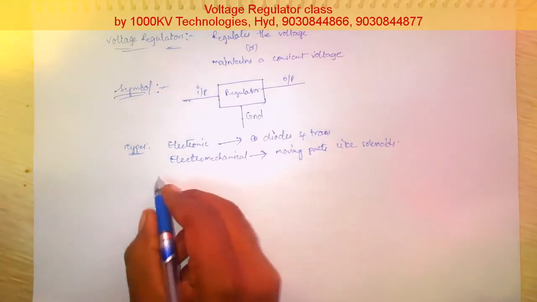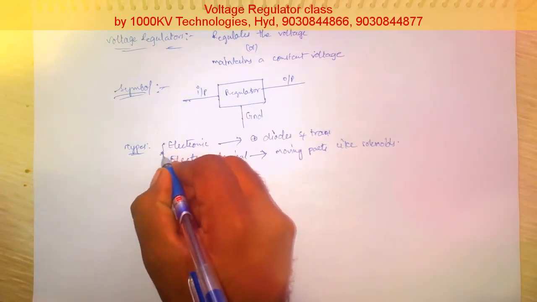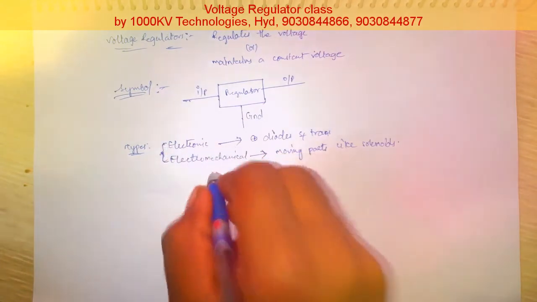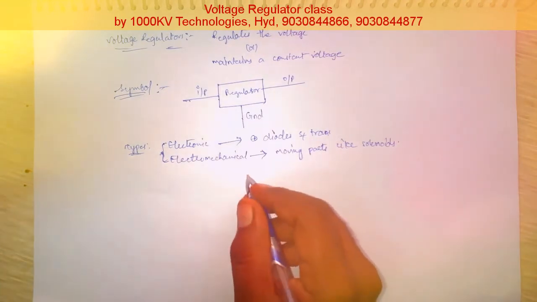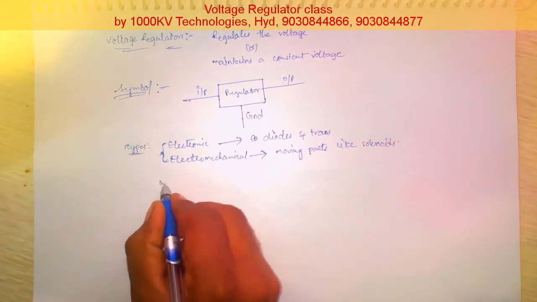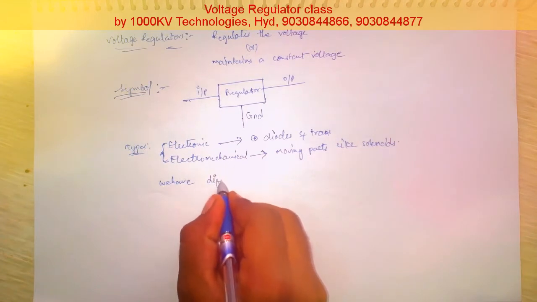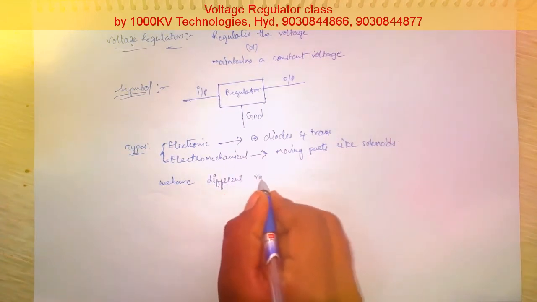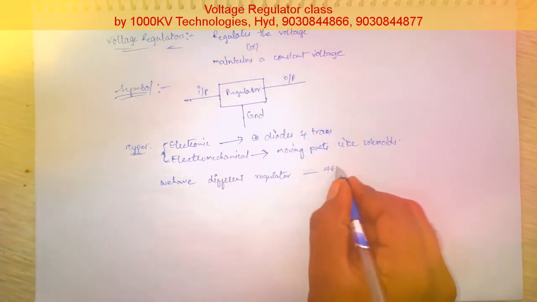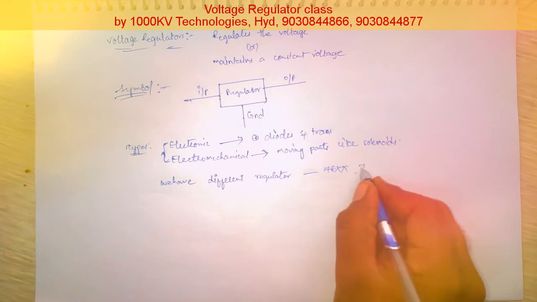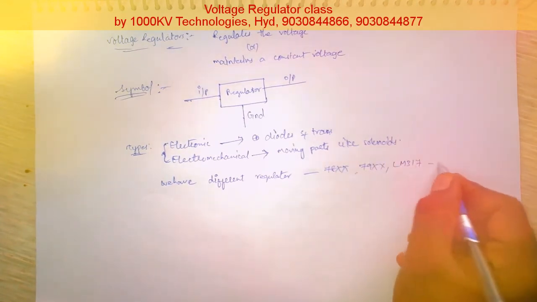And coming to the next category, these are basic types, and we have different voltage regulators available in the market from different manufacturers. Majorly we are using the 78XX series and 79XX, LM317 and so on.